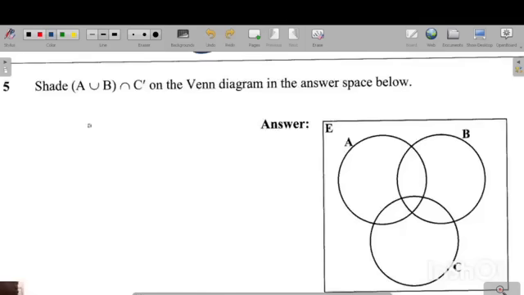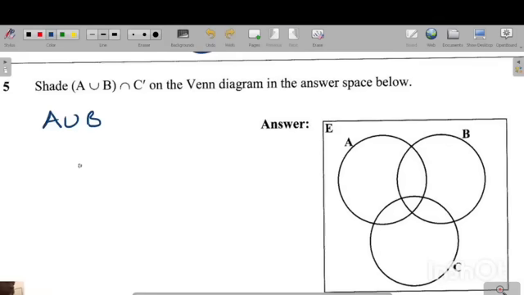Okay, number 5. Number 5 says, shade A union B intersect C complement in this diagram here. Okay? So, first of all, you need to know what A union B is. Okay?